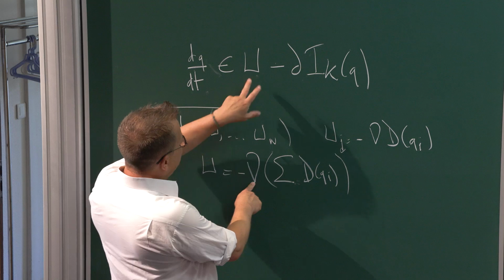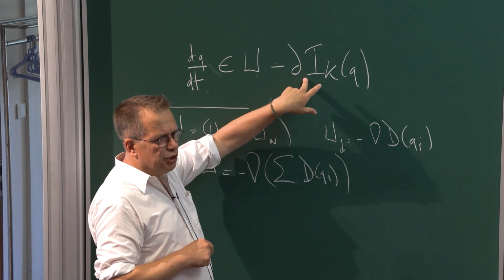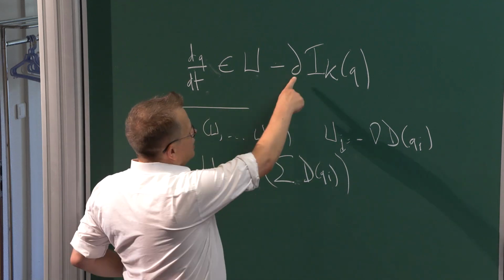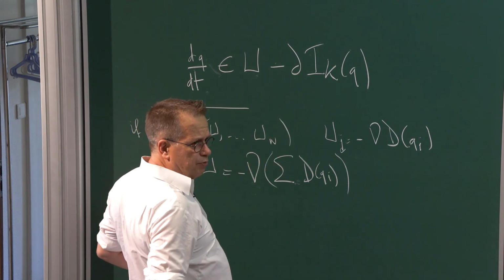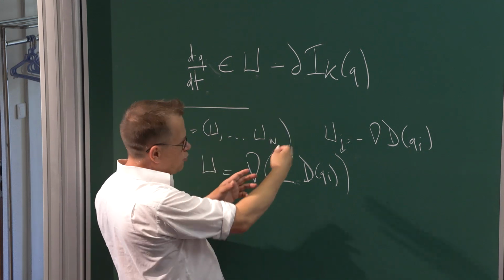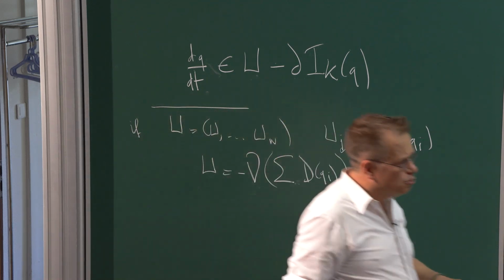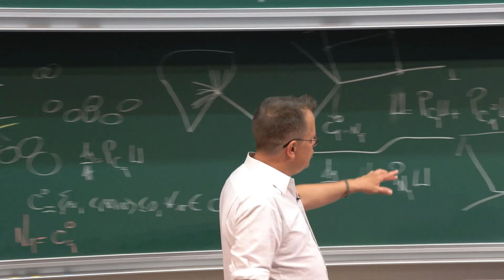So U is a gradient, and I have the gradient and subdifferential. Well, I said that this is a generalization of the gradient. It would be quite tempting to say that the sum of the subdifferentials is the subdifferential of the sum. You have to be careful. In general, it's not true for this nasty version of the subdifferential.